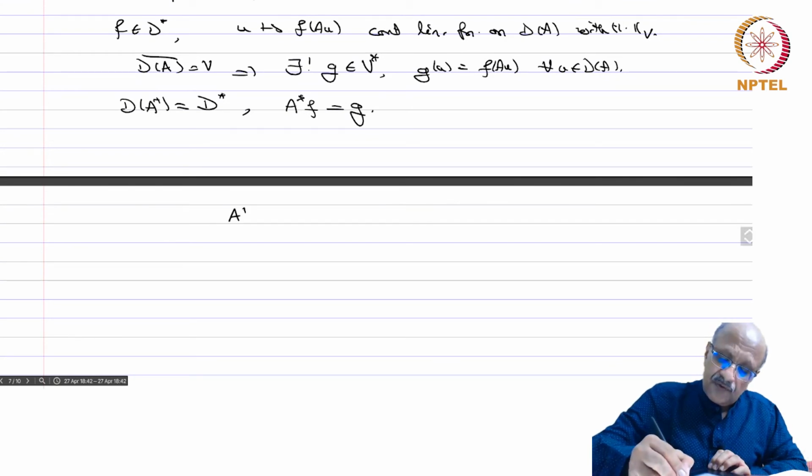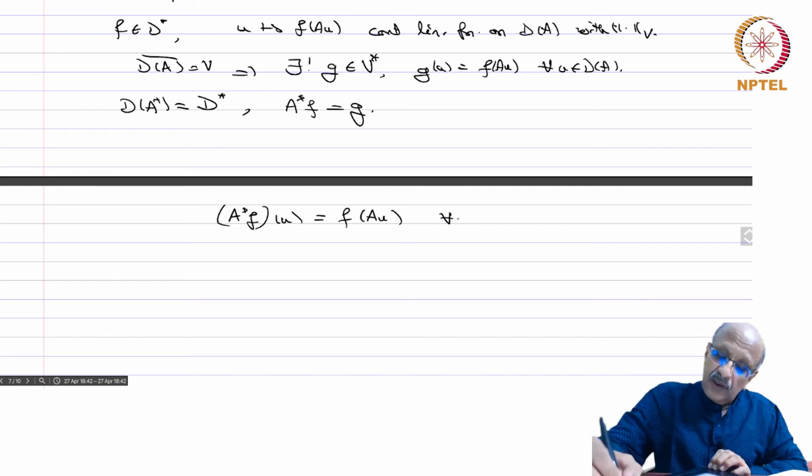So A star f acting on u is equal to f acting on Au for every f in D of A star and every u in D of A.